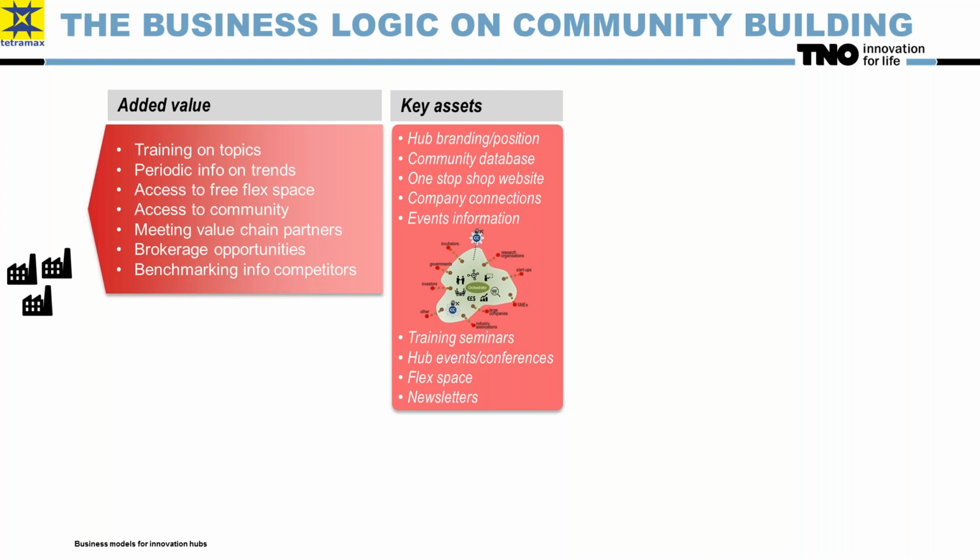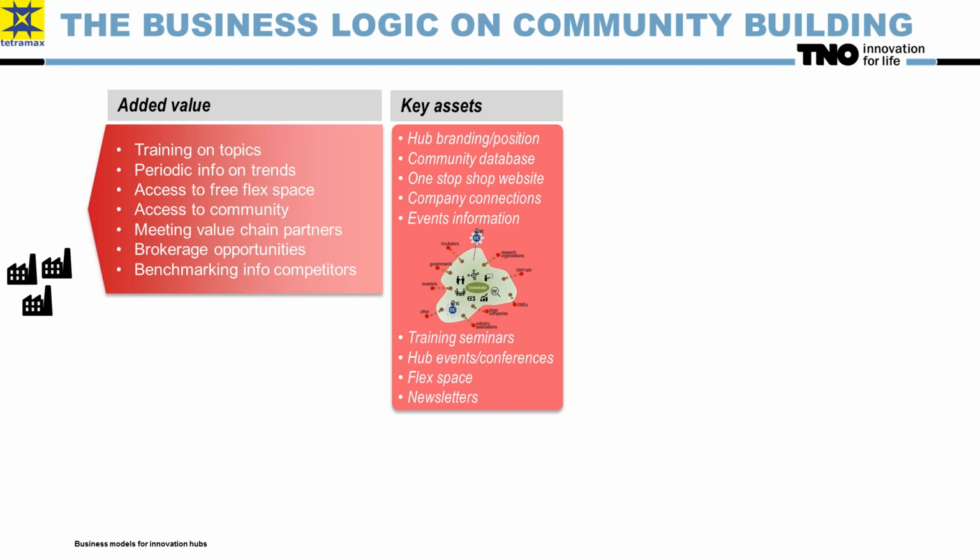And what do they see as important elements? Well, you can train them. They can have access to free flex space. This is an interesting one because it's very often forgotten. What I saw at the MTC, they've got a room with all kinds of computers and internet connections that the community can just go to and sit. They've got coffee there and they can discuss among themselves what kind of business opportunities there are.